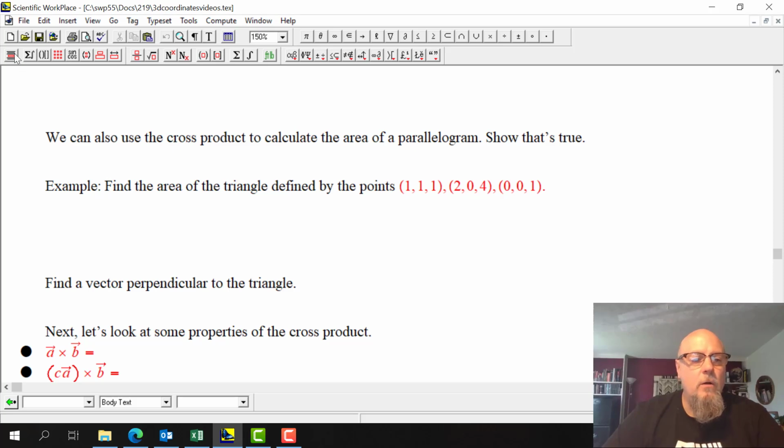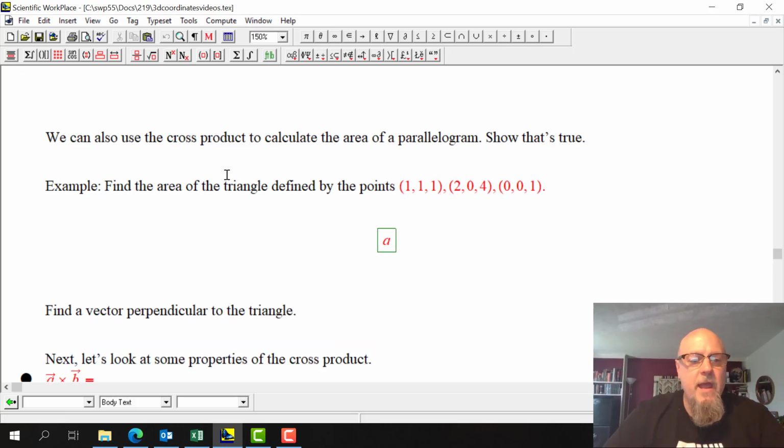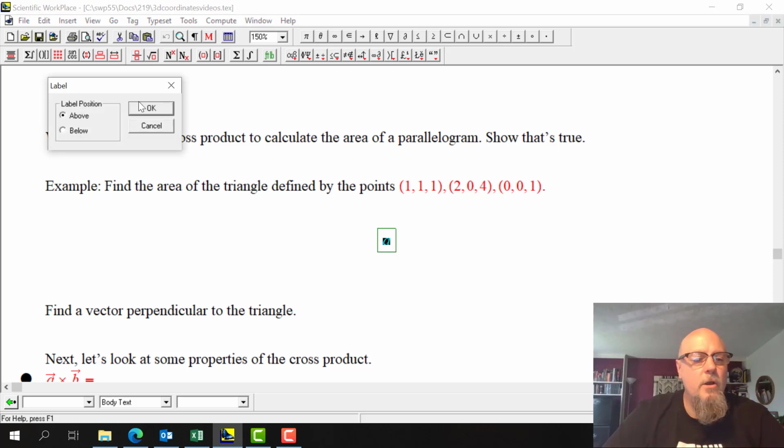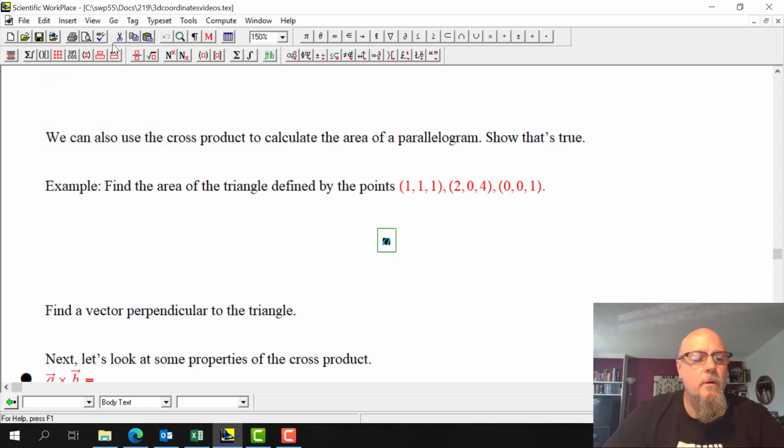So let's call vector A, it goes from 1, 1, 1 to 2, 0, 4. So that means the x component goes up by 1. The y component goes down by 1 because it's at 1 and then goes to 0. And the z component goes up by 3.